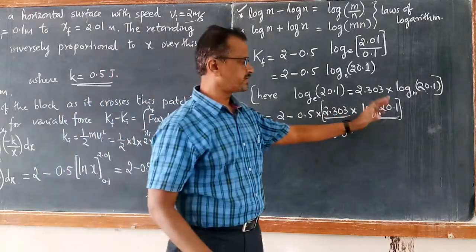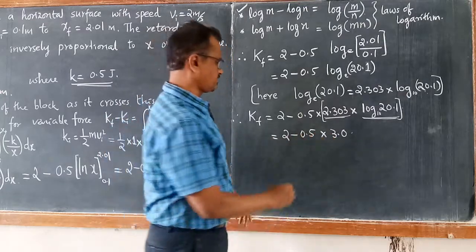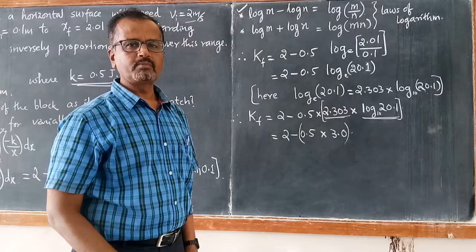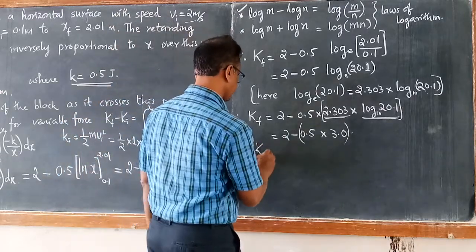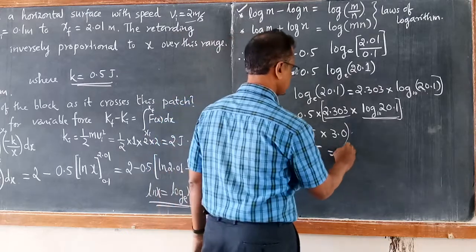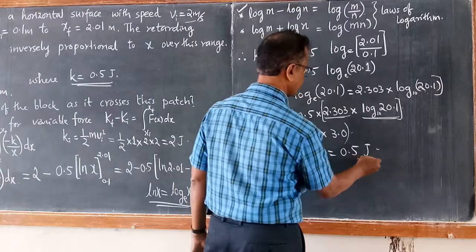From the scientific calculator, you can get this result. So half of 3. What is half of 3? Half of 3 is 1.5. Thus Kf becomes 2 minus 1.5. That becomes 0.5 joules. So final kinetic energy becomes 0.5.